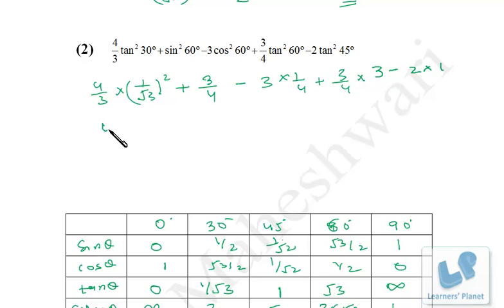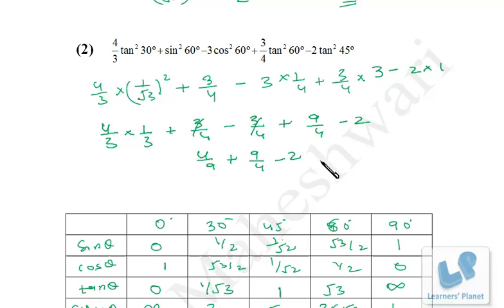Right? So it's 4 by 3 into 1 by 3 plus 3 by 4 minus 3 by 4 plus 9 by 4 minus 2, right? So this is cancelled. This is 4 by 9 plus 9 by 4 minus 2. Just solve it and you'll be getting the value, right?